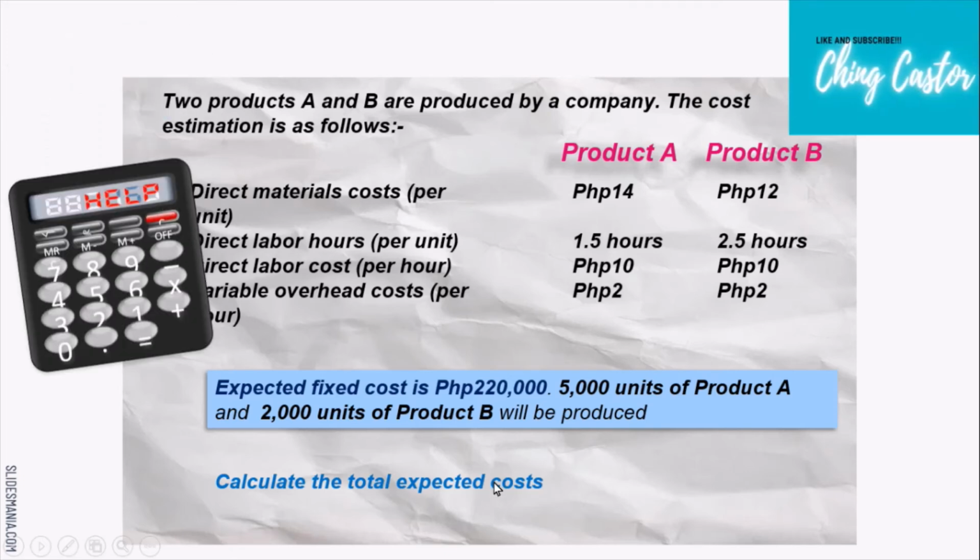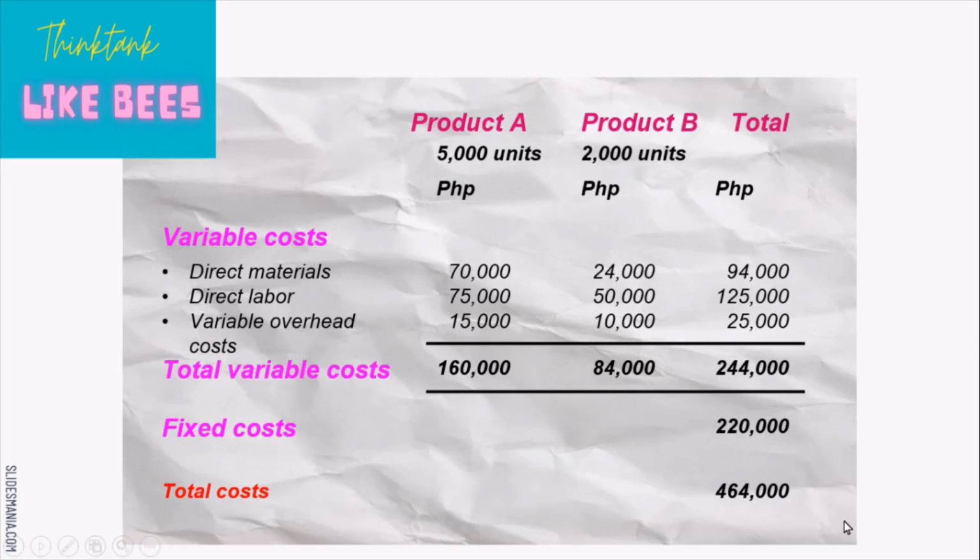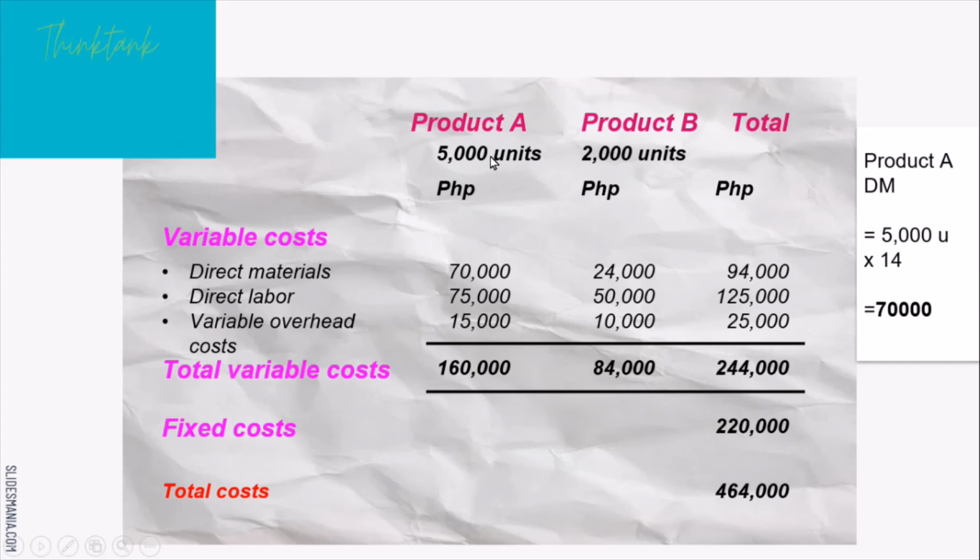So here's the computation. So this is the result of the computation, but let me discuss how we arrive with this amount. First is we need to compute the product A for the direct materials. So we have 70,000. So we need to multiply the 5,000 units times the 14 pesos per unit.